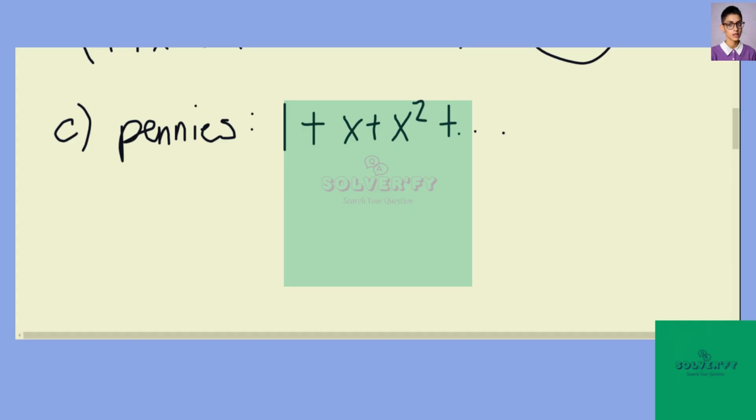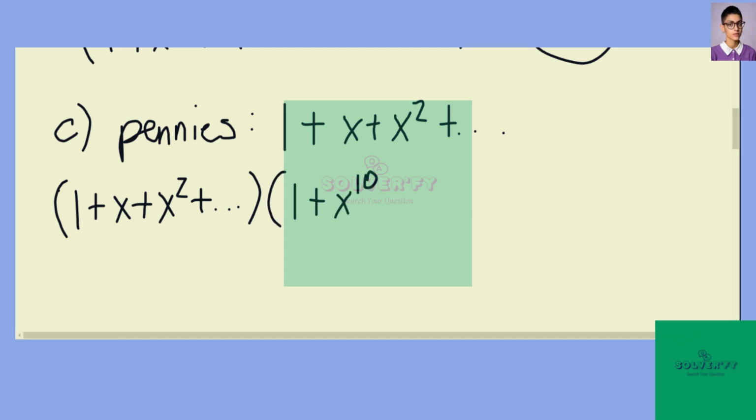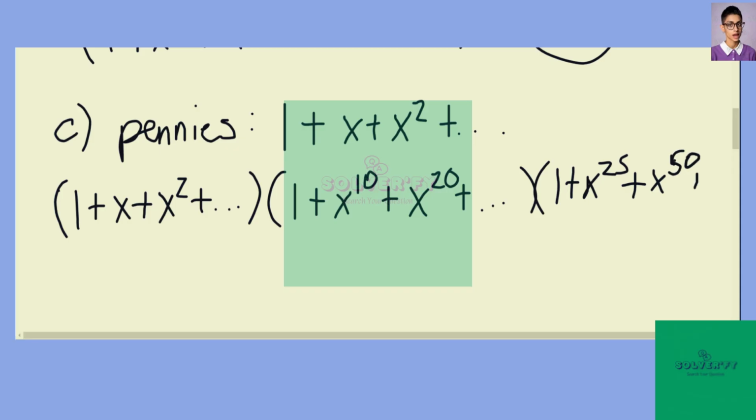And the total generating function is going to be the generating function for the pennies, times the generating function for the dimes, which is 1 plus x to the 10th plus x to the 20th, and so on, times the generating function for the quarters, which is 1 plus x to the 25th plus x to the 50th, and so on.